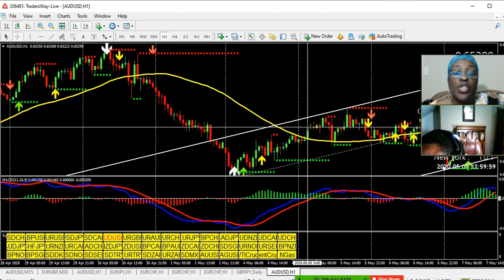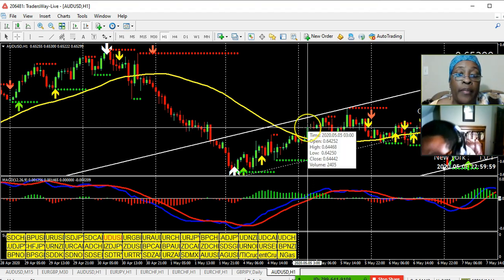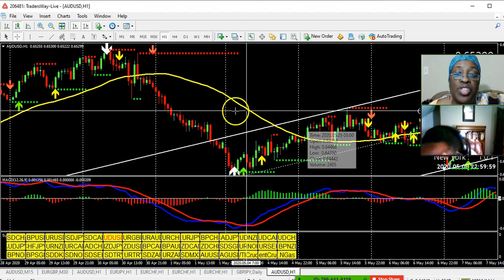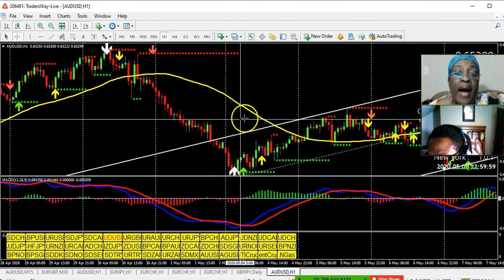Closing above. So it closed above the 50. And when we look left, we don't see any nearby support resistance.